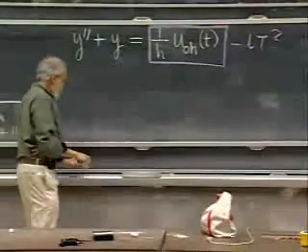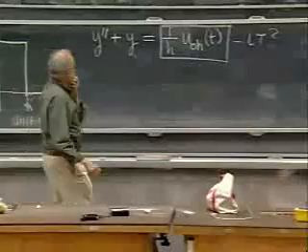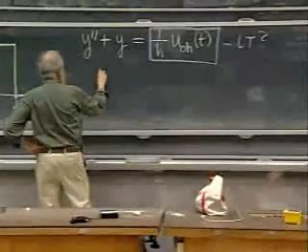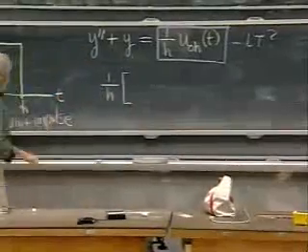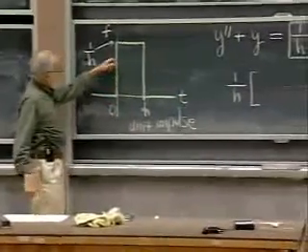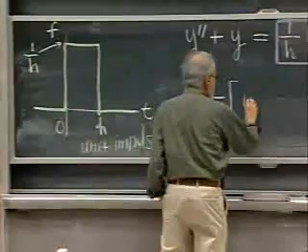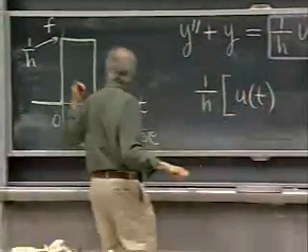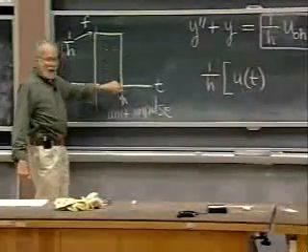Well, let's remember, to do everything, you write it in terms of the unit step function. This function that we're talking about is 1 over h times what you get by first stepping up to 1. That's the unit step function, which goes up by 1 and tries to stay at 1 ever after. And then when it gets to h, it's got to step down.